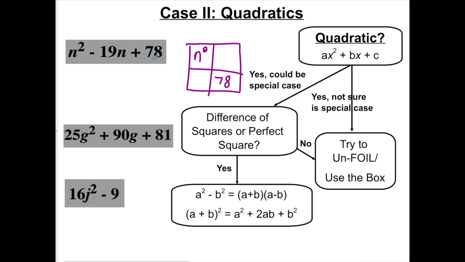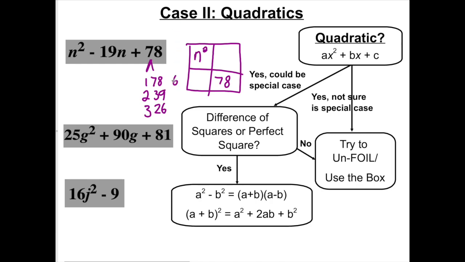Now I need to ask, how could I multiply 2 numbers and get 78? So I could have 1 and 78. I could have 2 and 39. I could have 3 and 26. Okay, 4 will not work. 5 will not work. 6 is going to have to work because 3 and 2 work.